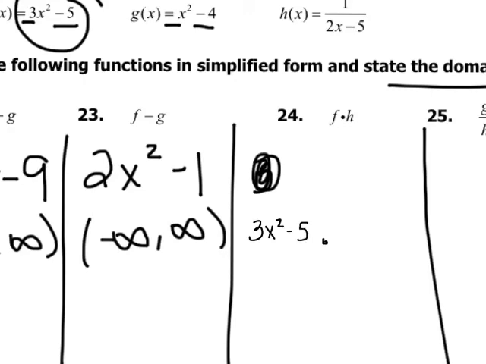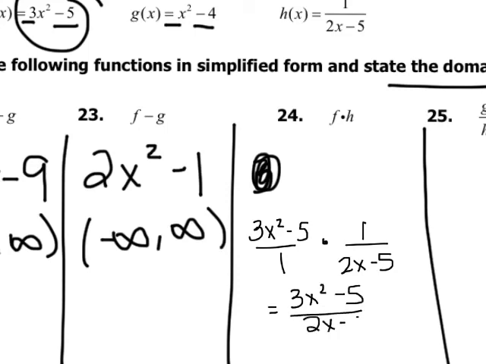And I'm supposed to multiply times 1 over 2x minus 5. Anytime I have fractions, I go ahead and make them all one fraction. So that's 3x squared minus 5 over 2x minus 5. This does not reduce, so that's as far as it's going to go.